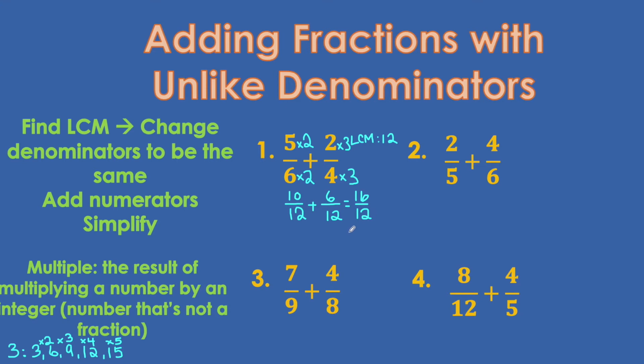A mixed fraction, you can get this by doing a long division problem, basically. Or you can just think to yourself, how many times does 12 go into 16? Well, it would be 1. And how many would you have left over? It would be 4.